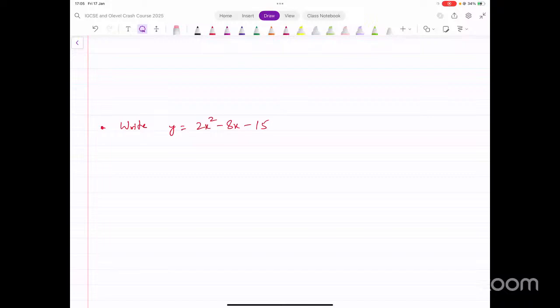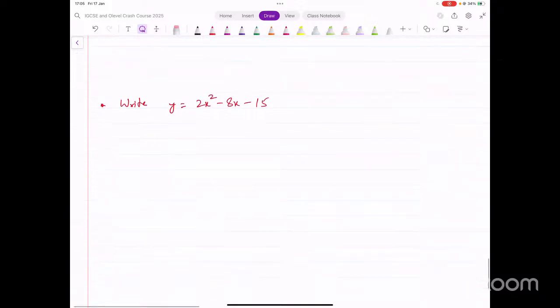Let me just quickly think whether this is going to work. So it's a U shape, and do we have solutions for this? Yeah, so the solutions are going to exist as well.